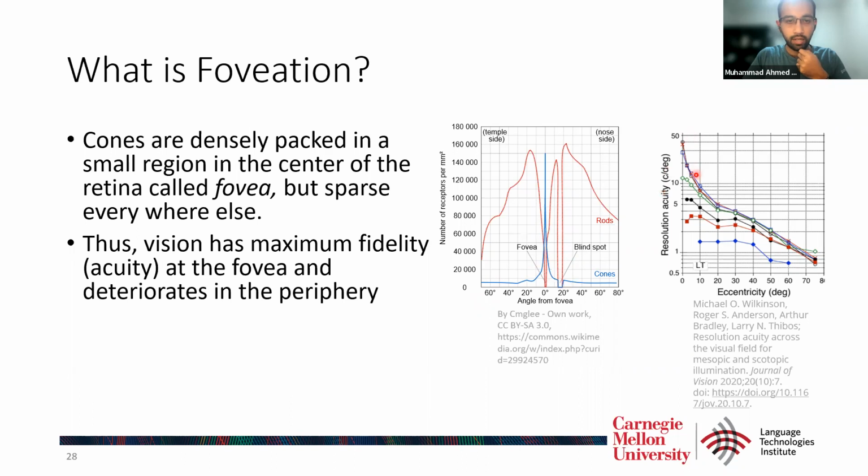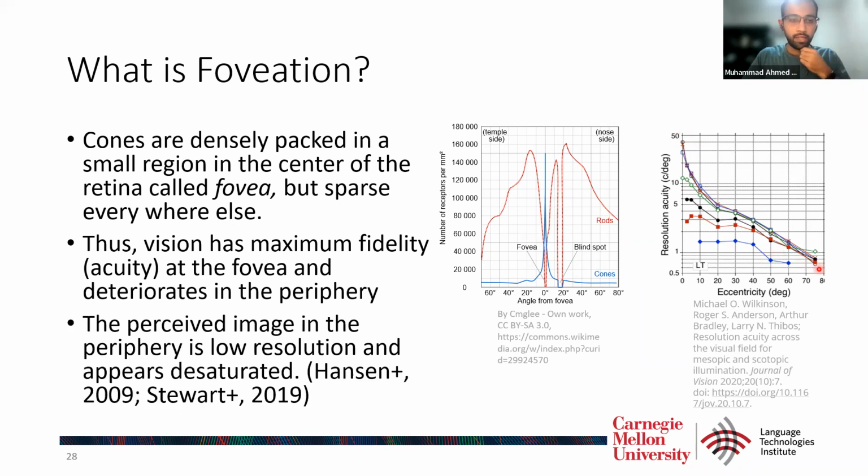And so this graph shows, the top line shows how the fidelity of color vision deteriorates, and this line shows how the fidelity of grayscale vision looks. So this line represents the amount of detail captured by the rods. That's very little, whereas this line shows the amount of detail captured by the cone photoreceptors, that is the highest at the center of the visual field, and then it exponentially decays as you go into the periphery of the visual field.